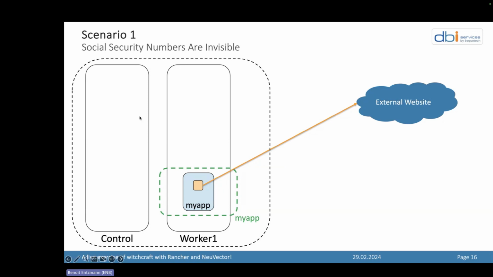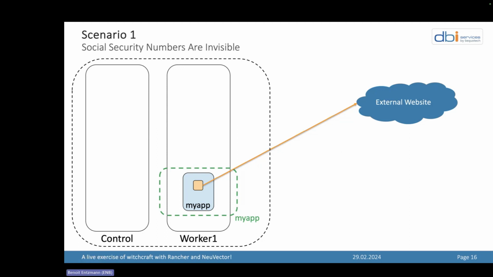So you have your application in your Kubernetes cluster. You have your namespace. You have the pod that is called my app in this case. And the function of this application is to communicate to an external website. It could be the normal behavior of this application, or it could be that the application has been compromised and so is exfiltrating some data to the external website.